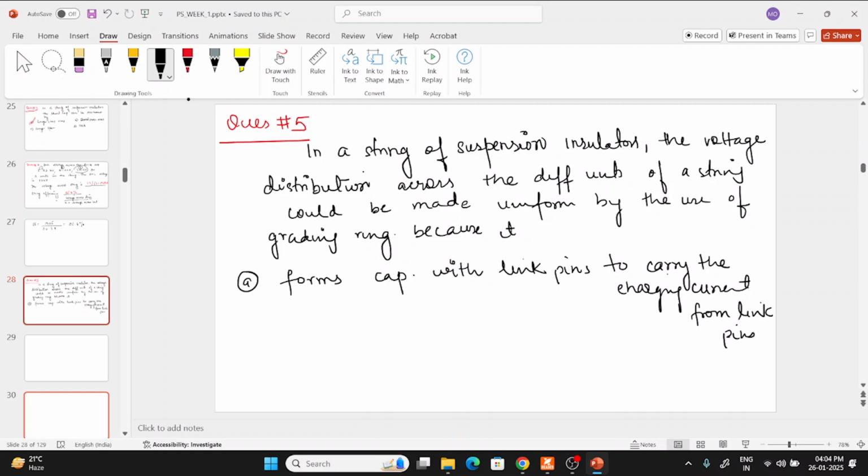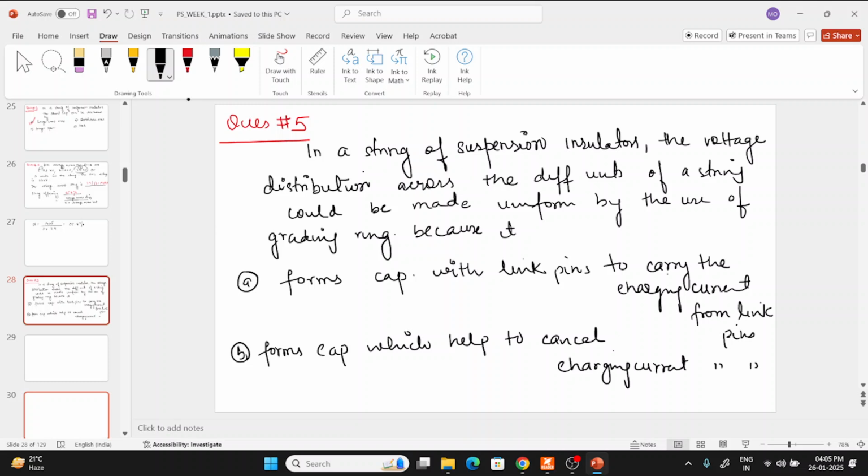B, it forms the capacitance which helps to cancel charging current from link pins.